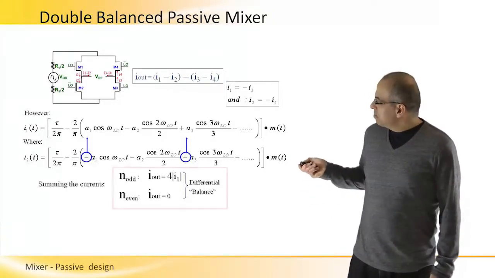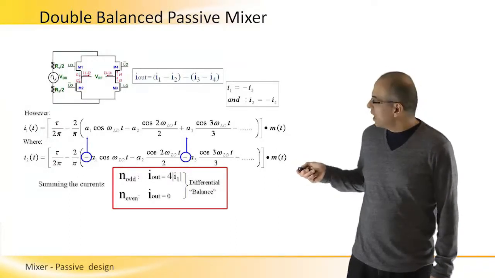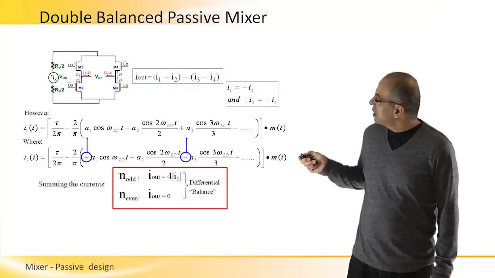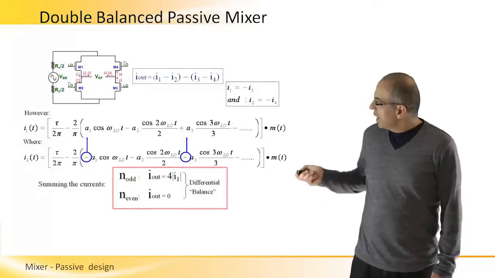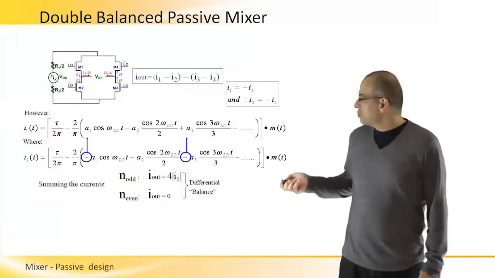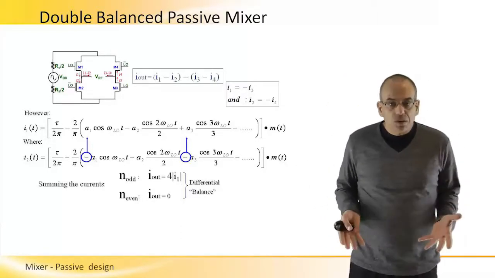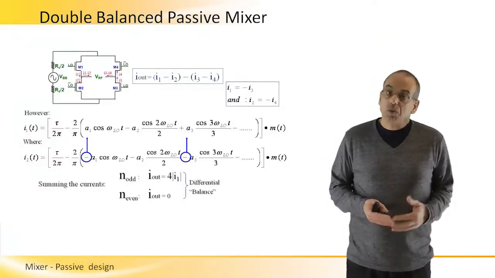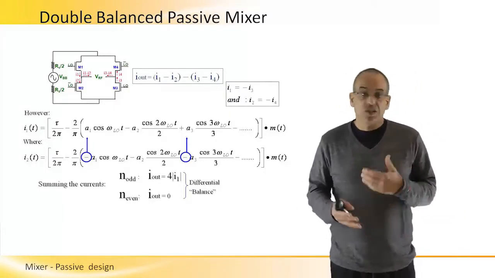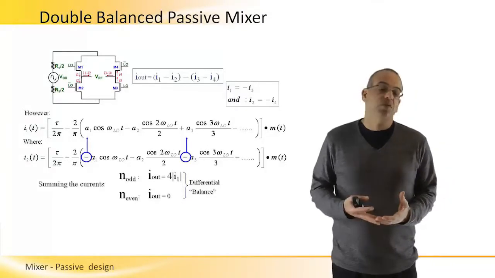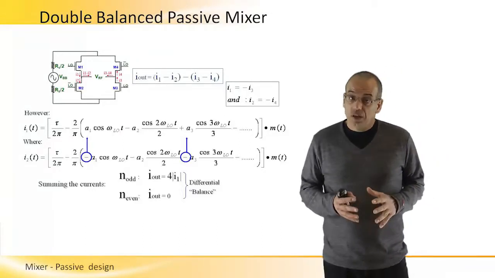In summary, for all the odd harmonics, the result will be 4 times I1, because we get the same behavior with I3 and I4 as we got with I1 and I2. And theoretically, all the even harmonics will be zeroed out. Of course, practically, we cannot really zero the even harmonics, but we can reject them, depending on the layout and the symmetry and repeatability of the transistors, to maybe 30-40 dB down, which is quite significant.